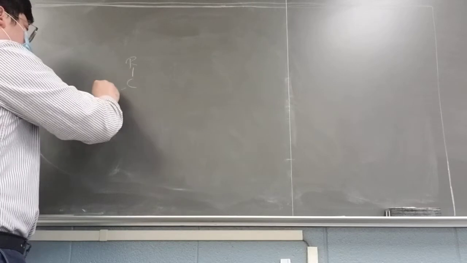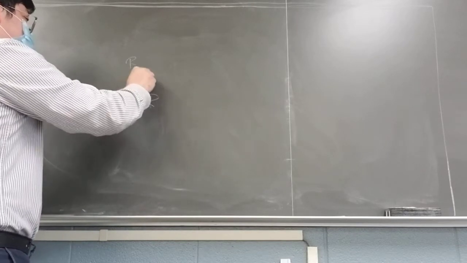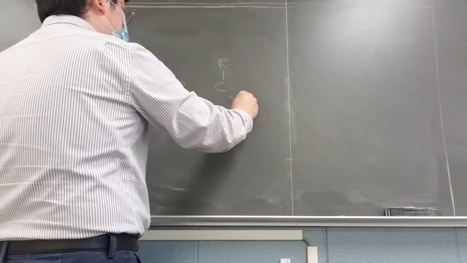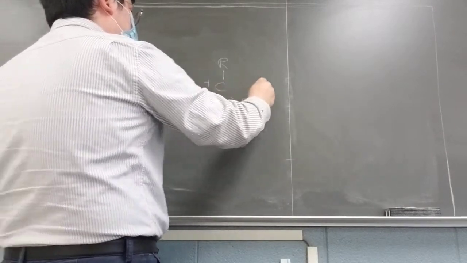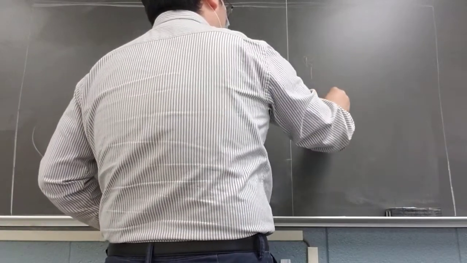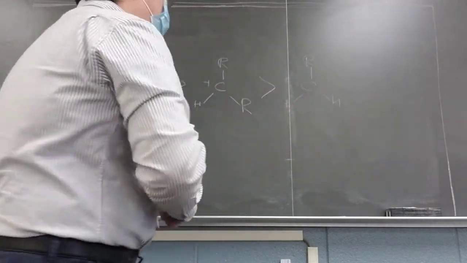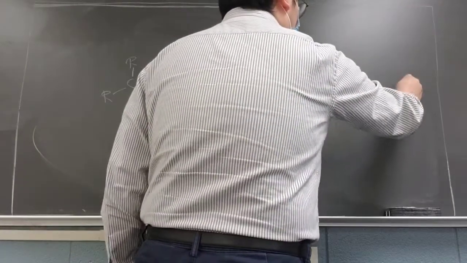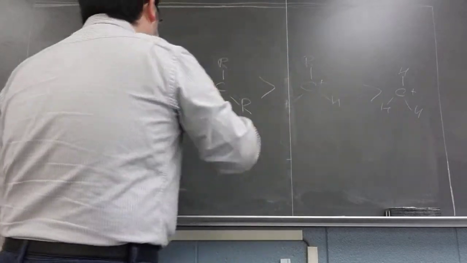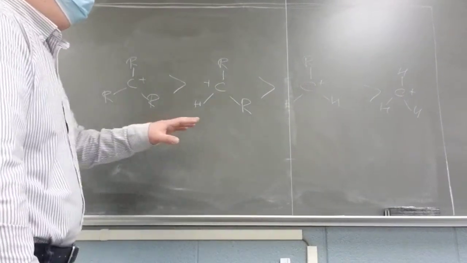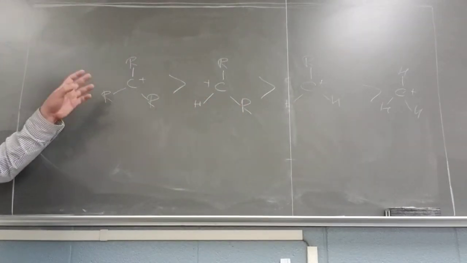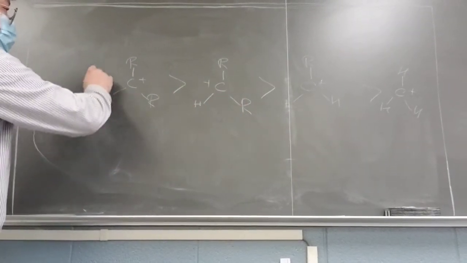So if we have primary, methyl, secondary, tertiary carbocation here, this one is more stable.